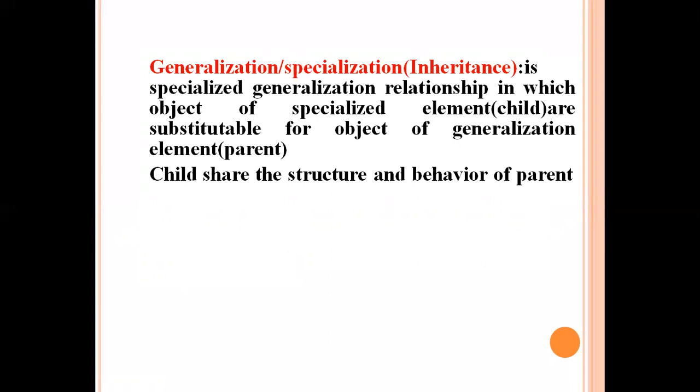Suppose every child has its father's attributes, like house name and address, all belonging to its parent attributes. So the child class inherits the attributes of the parent class. The relation between the superclass and subclass is also called generalization.